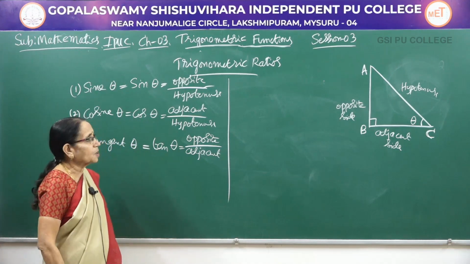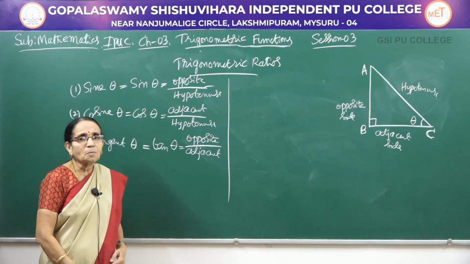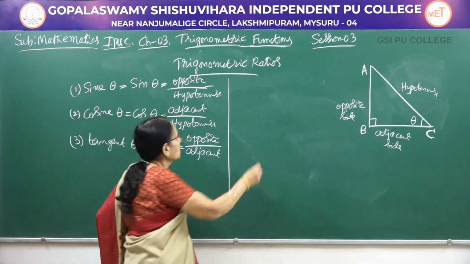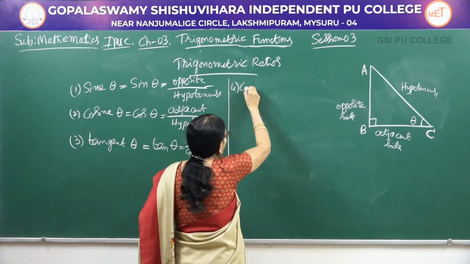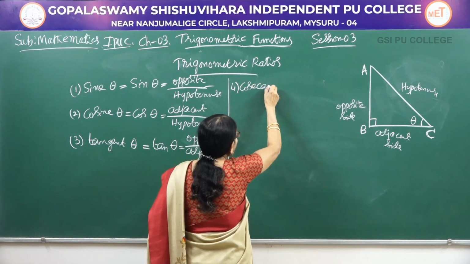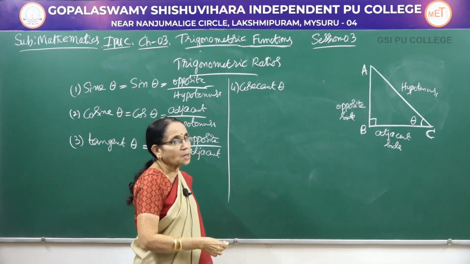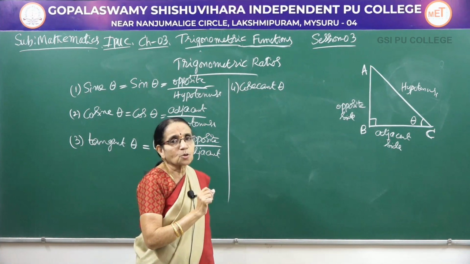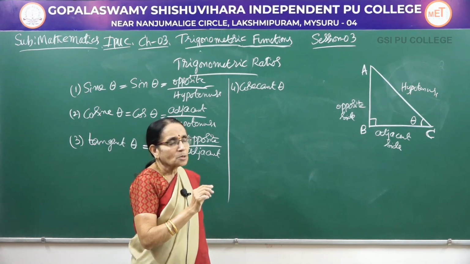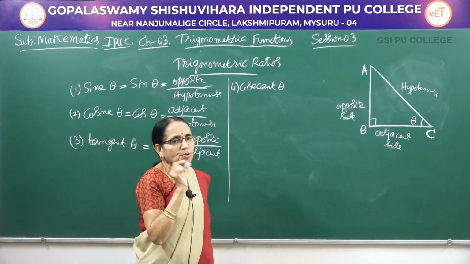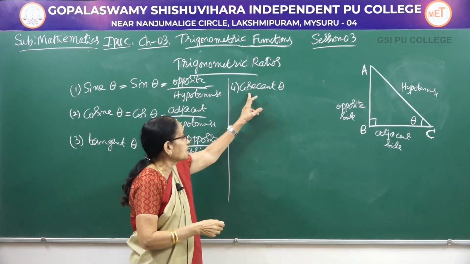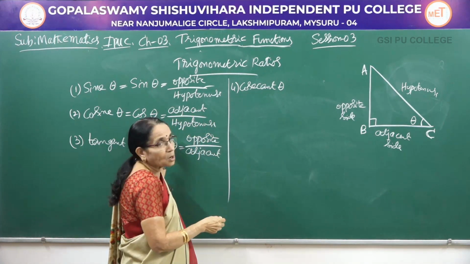So, apart from this one, I am going to define 3 more ratios. The fourth one is taken as cosecant theta. It has to be read as cosecant theta. Usually our practice is to take the first 3 alphabets. If you take the first 3, that becomes cos, which is already there.